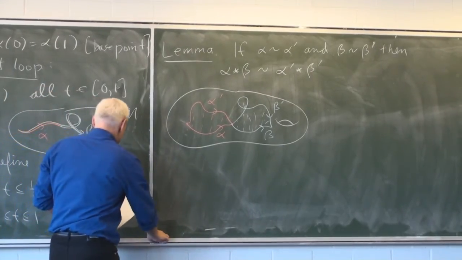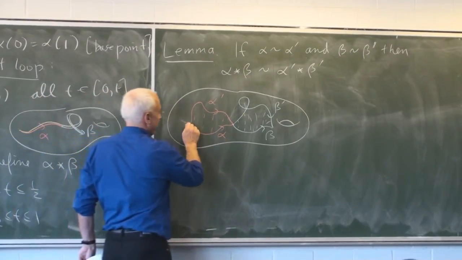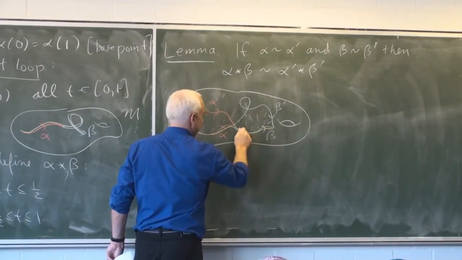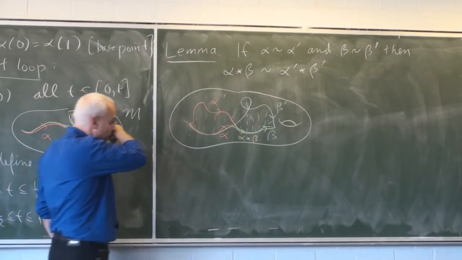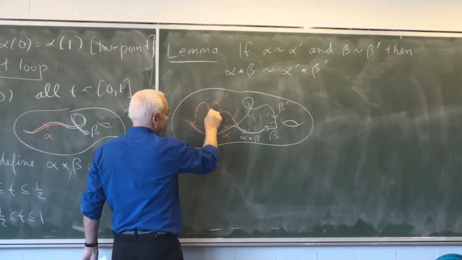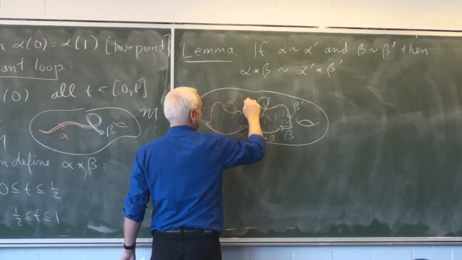Then we want to show that the combined path alpha times beta is homotopic to the combined path alpha prime times beta prime.